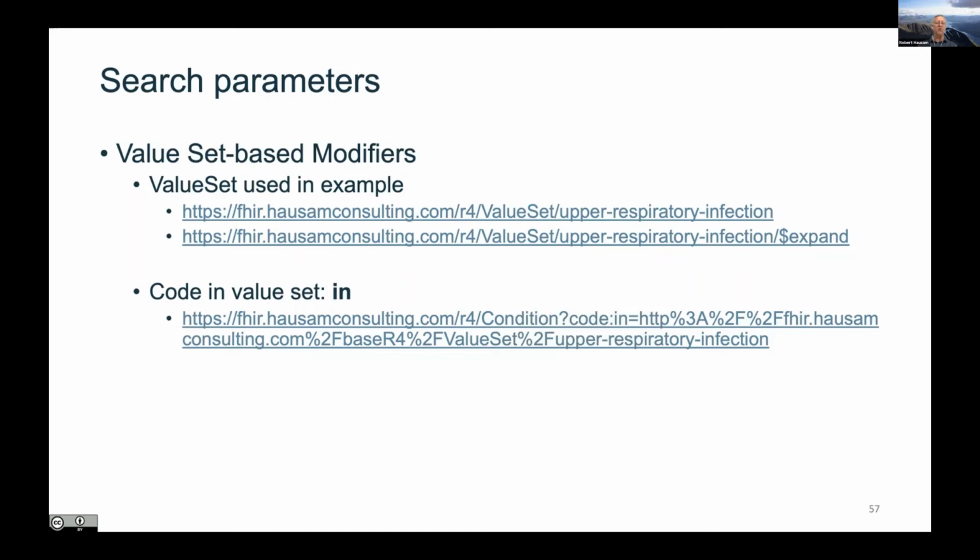I want to look for conditions of upper respiratory infection. So if I have a value set that has the codes defined for upper respiratory infection, then I can use that in my searching. So let's first look at the value set so we know what it's doing.